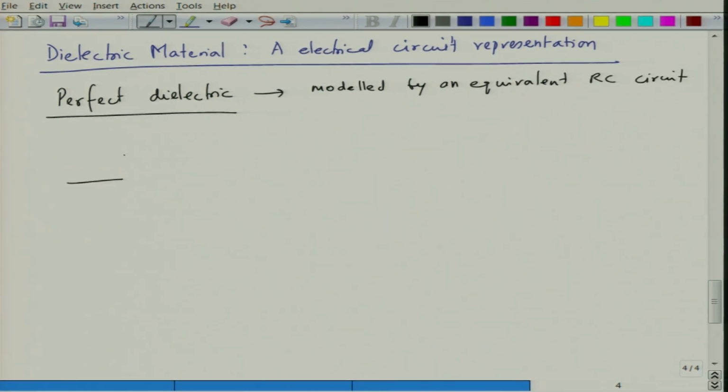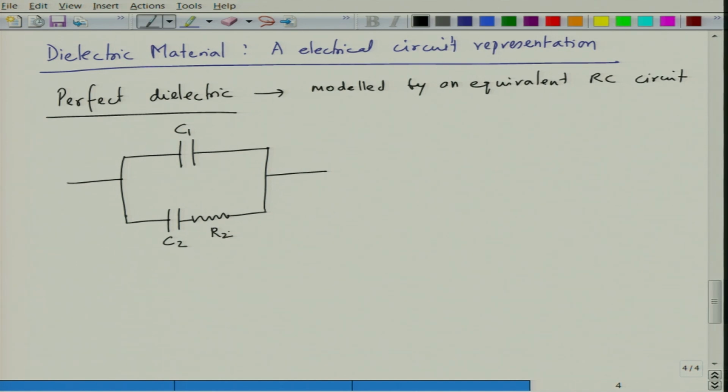So, you have a capacitance C1 which is in parallel to a capacitance C2. This is C1, this is C2, and this is in series with a resistance, let us say R2. Okay, so this is an equivalent RC parallel circuit, as it is called.